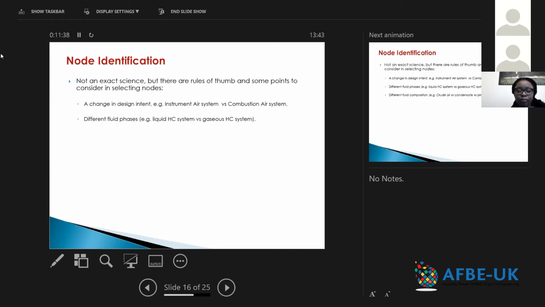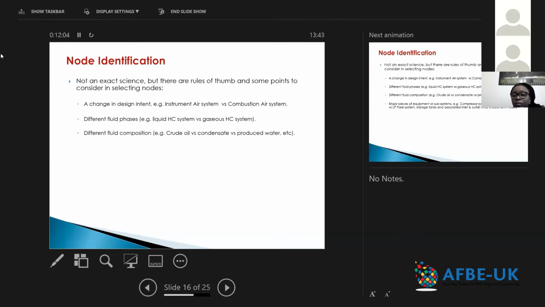Those would form different nodes within a particular process that you're looking at. So different fluid composition, crude oil versus condensate versus produced water, all of these systems within a process that the HAZOP is looking at would form different nodes.